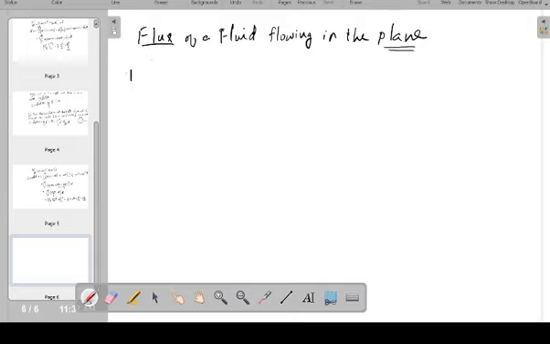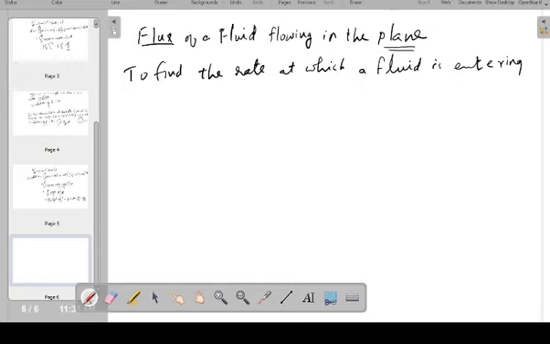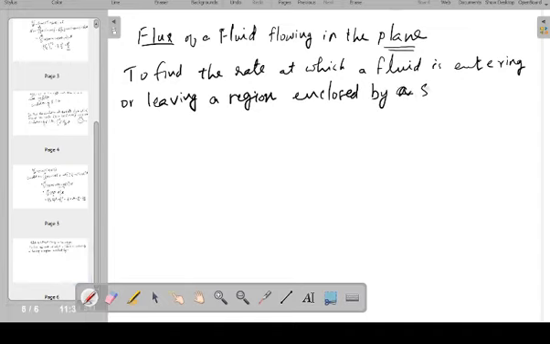So to find the rate at which a fluid is entering or leaving a region enclosed by a smooth curve C, in the xy plane. First we will consider the xy plane.